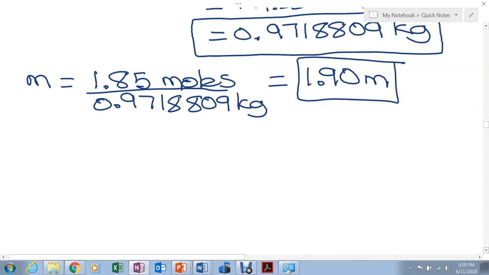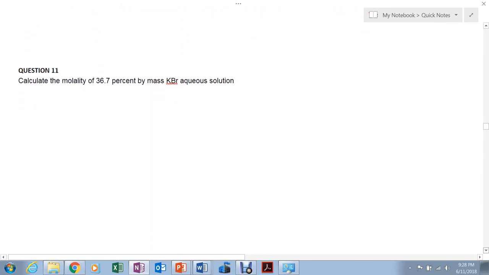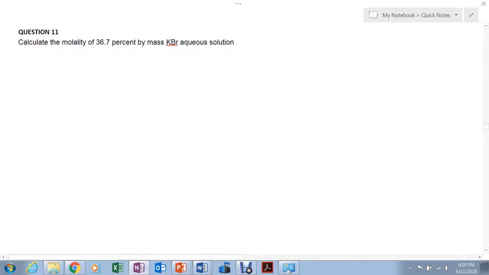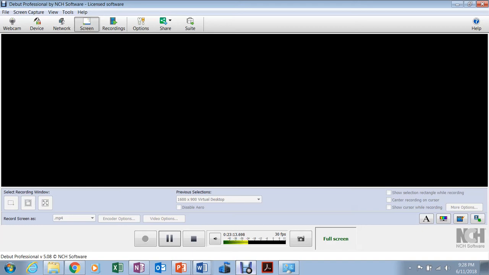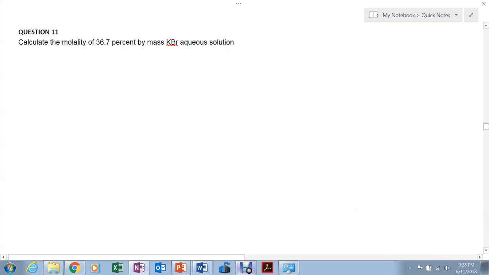Finally, this problem. Number 11: calculate the molality. Again, molality. It's 36% by mass of KBr.